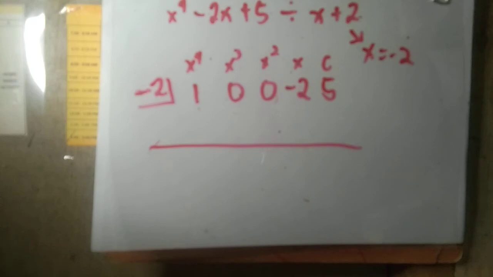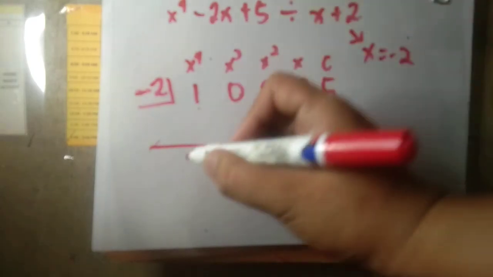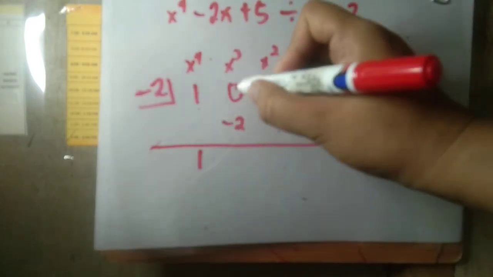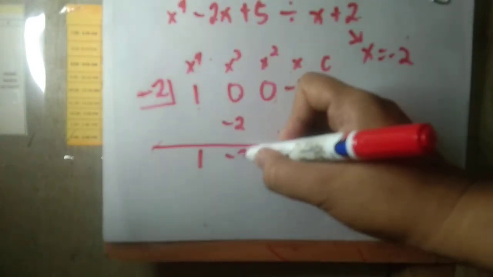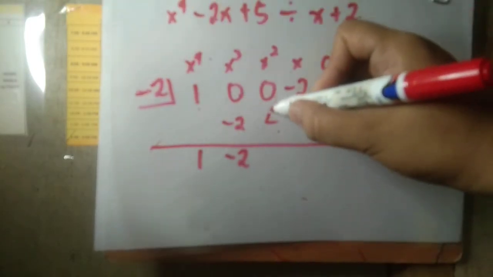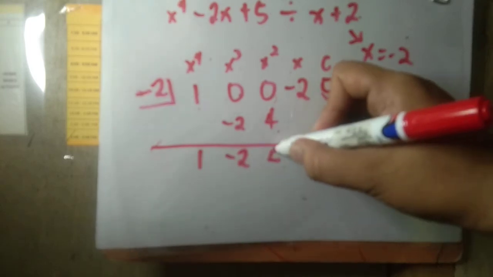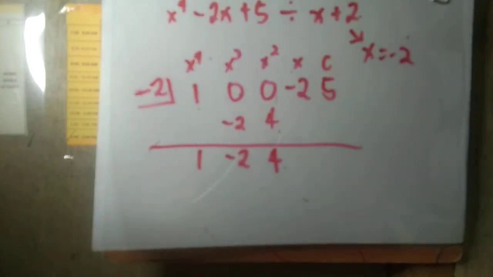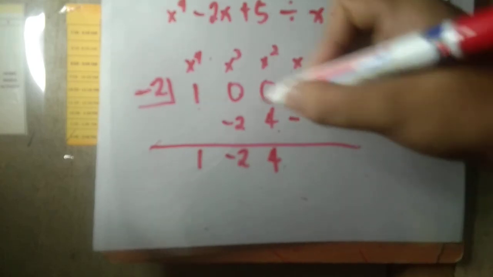Okay? So, start tayo. So, bring down 1. 1 times negative 2 is negative 2. When we add 0 and negative 2, it's negative 2. Negative 2 times negative 2 is 4. Bring down 4. So, 0 plus 4 is 4. 4 times negative 2 is negative 8.